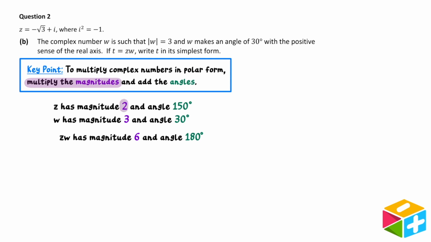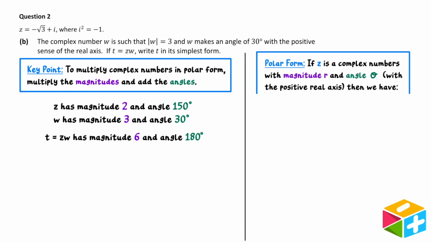This gives us 2 times 3, which is 6. To find the angle for z times w, we add together the two individual angles. Here, we'll get 150 plus 30, which is 180. This means that t, which is equal to z times w, will have a magnitude of 6 and an angle of 180 degrees.